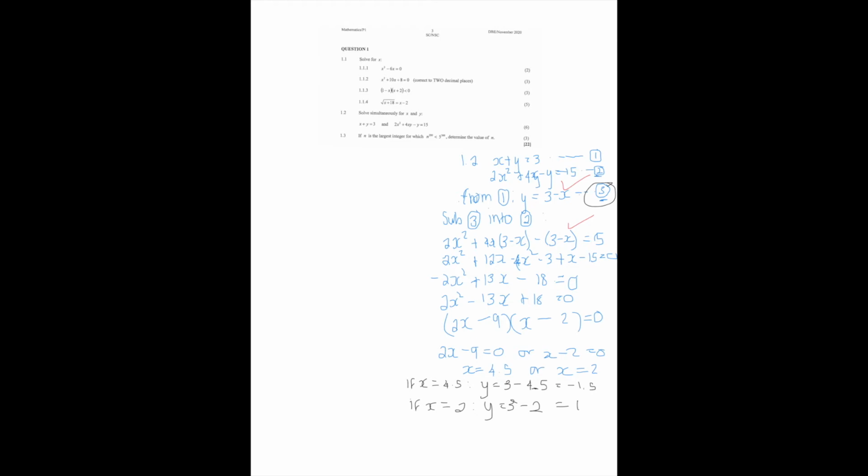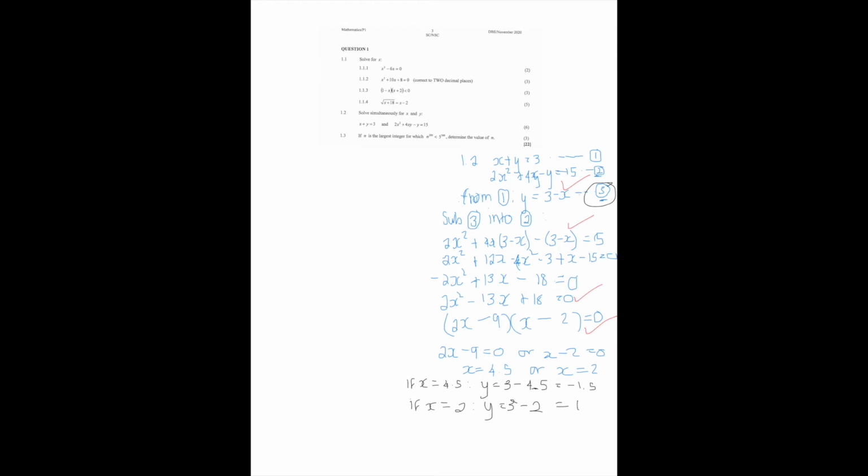Then your third mark you get by working through and getting your equation into the standard form. Okay, then your fourth mark you will get for factorizing. If you use the quadratic formula, then your fourth mark you will get when you correctly substitute the values of a, b, and c into the formula.